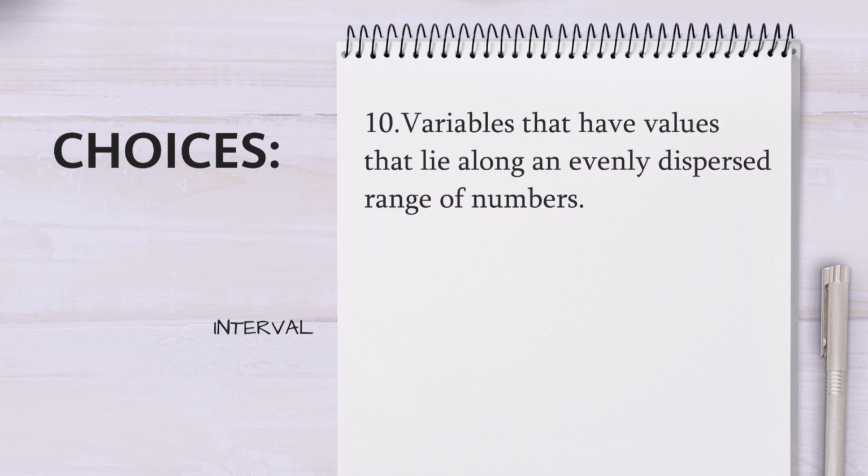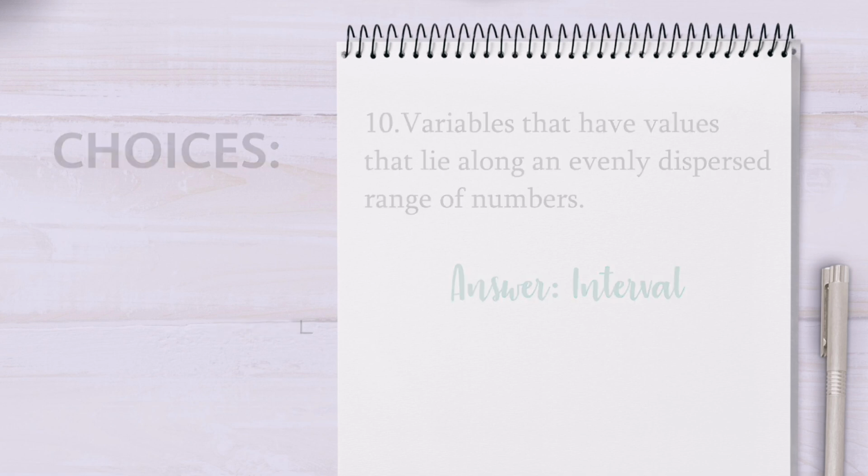Variables that have values that lie along an evenly dispersed range of numbers is what you call, you got it, interval. So there you have it. I know you have your prior knowledge about the variables in your quantitative research.